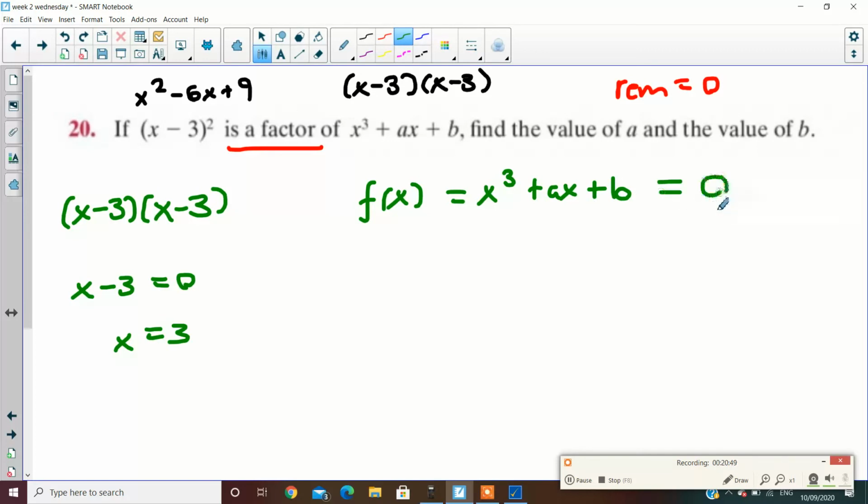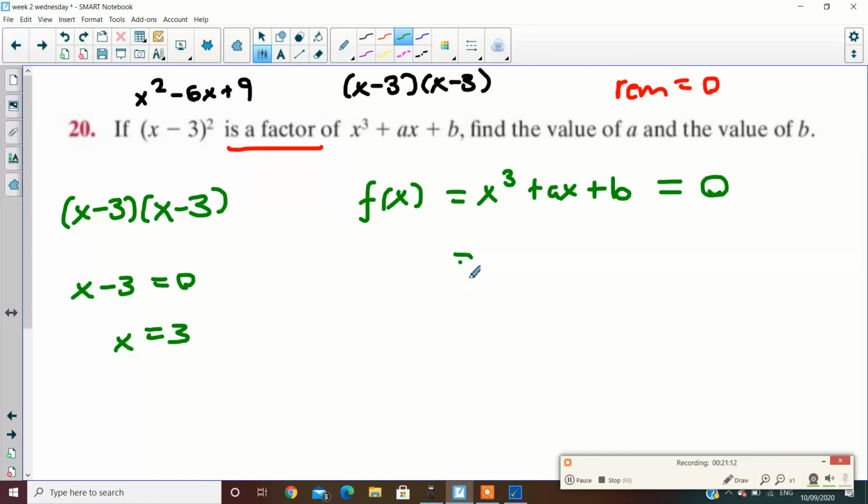Okay, but there is a problem here. It gives me a repeated root, which means it actually won't yield me the answer. I'll end up with 2 variables and only 1 equation, so it isn't going to do me any good today, okay? But that method could work in other situations.